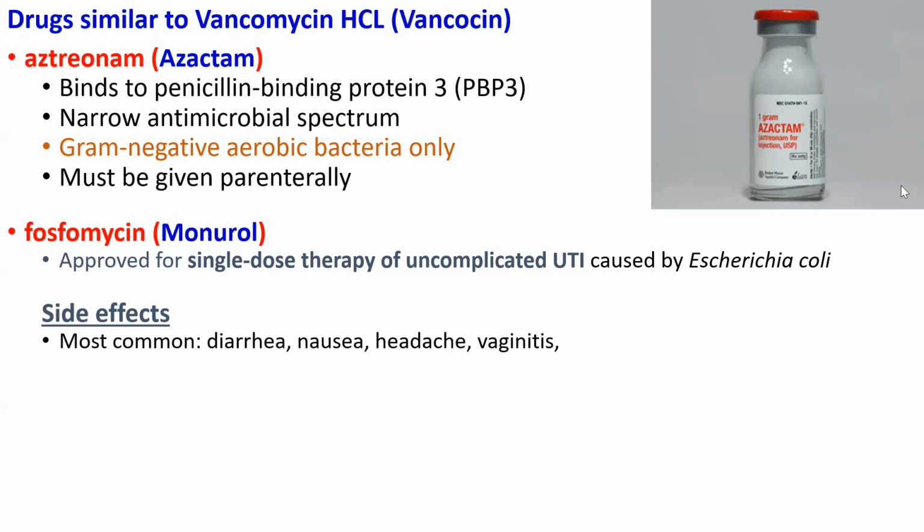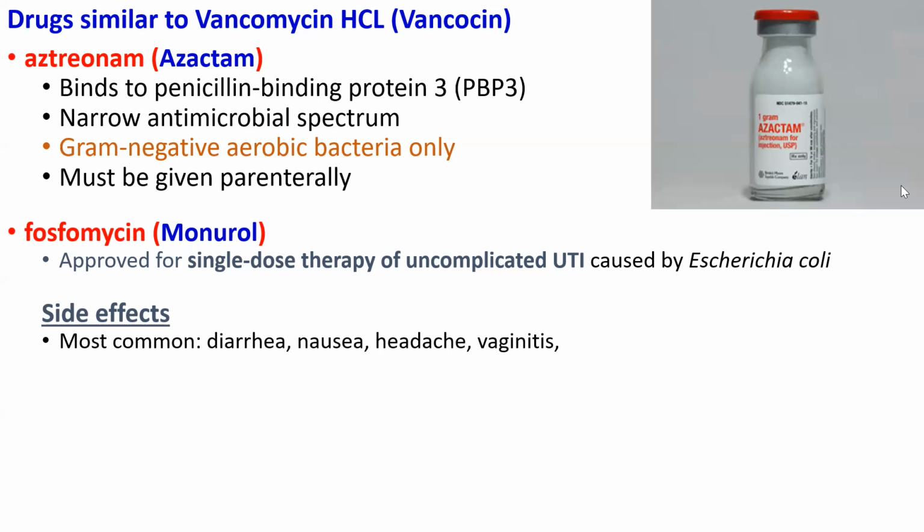So here we said that aztreonam is useful in patients with serious penicillin allergy who have infections due to resistant gram-negative organisms because of its lack of cross-allergenicity with penicillins.